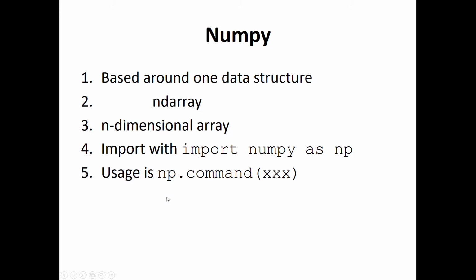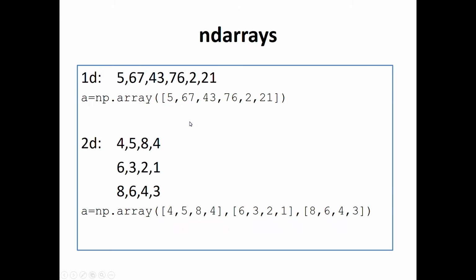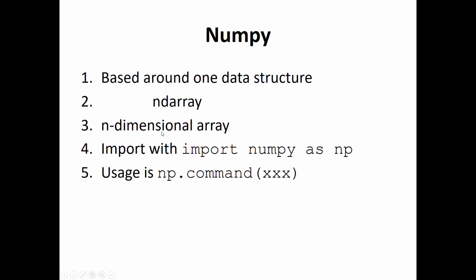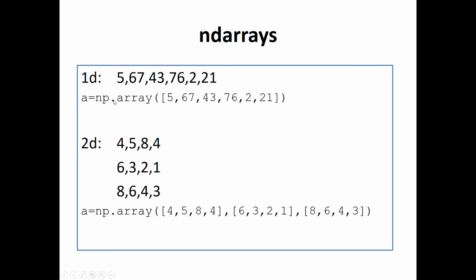And then we can use different commands that are supported in Numpy. In brackets, we're gonna pass different parameters as well. We can create an array. One command is array. So np.array will create an array. This array is very similar to a list.